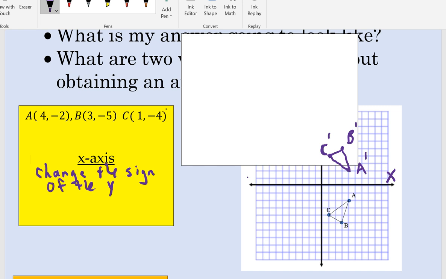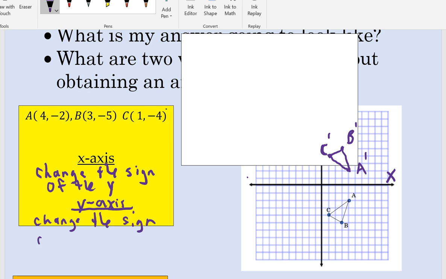Okay, so if you change the sign of the y when you're reflecting across the x-axis, the opposite is going to hold true when you reflect across the y-axis. When you use the y-axis as your line of symmetry, you're going to change the sign of the x. Okay, so if you know those rules, you don't even need a picture anymore.